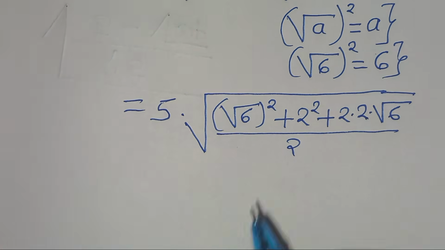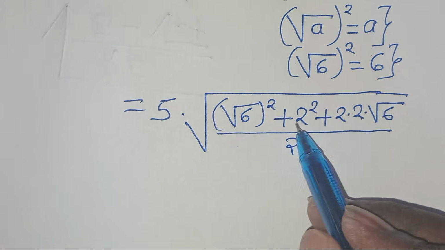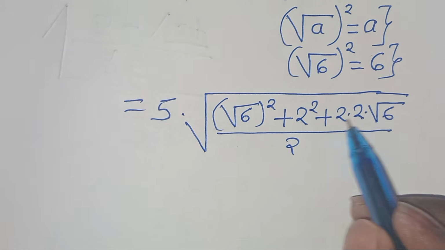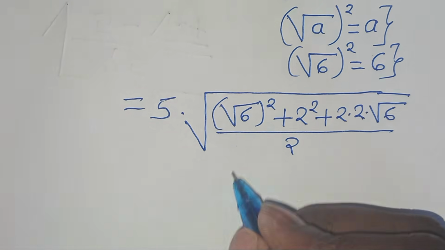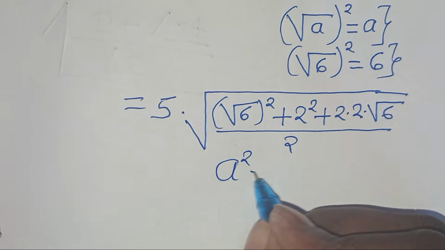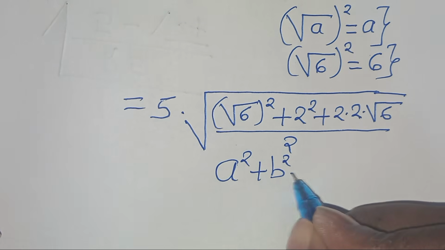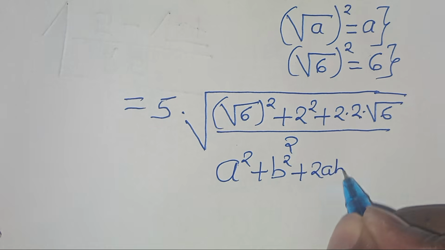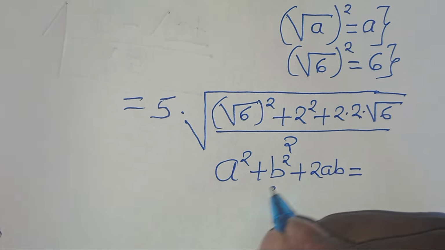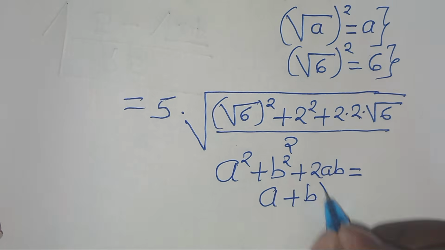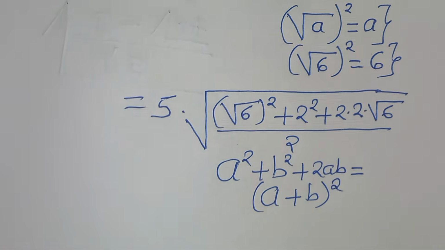Now this indicates that root 6 to the power of 2 plus 2 squared plus 2 times 2 multiplied by root 6 is of the form a squared plus b squared plus 2ab, which we can express as a plus b raised to the power of 2.